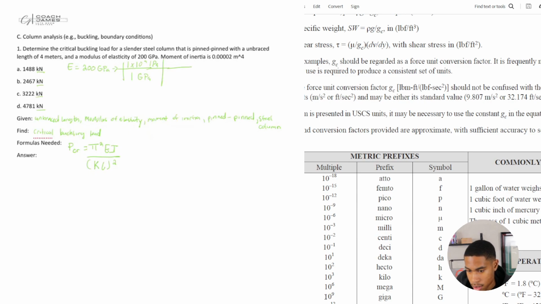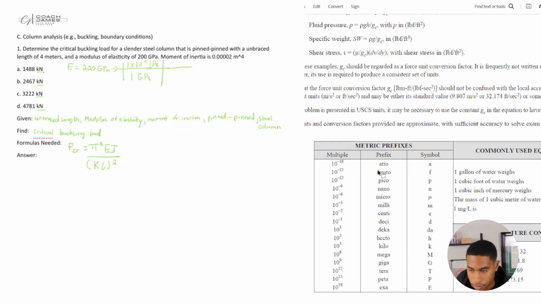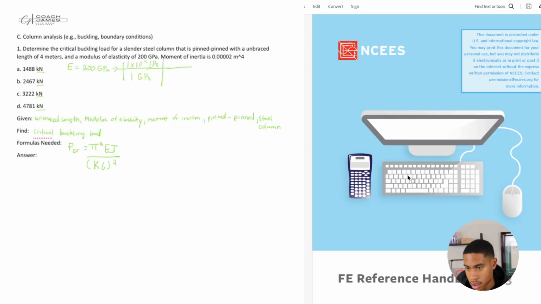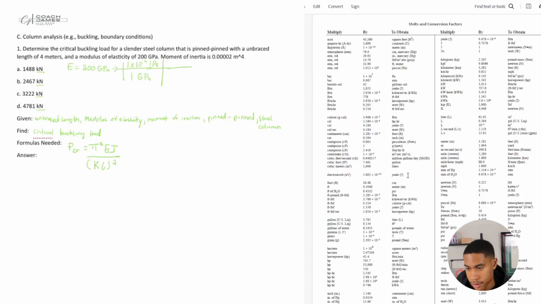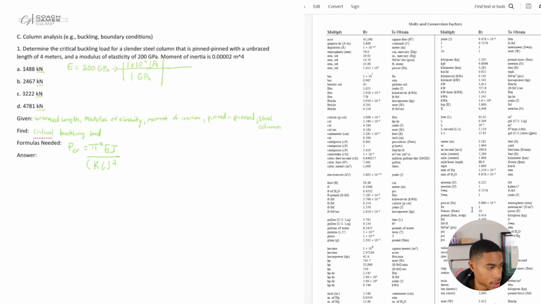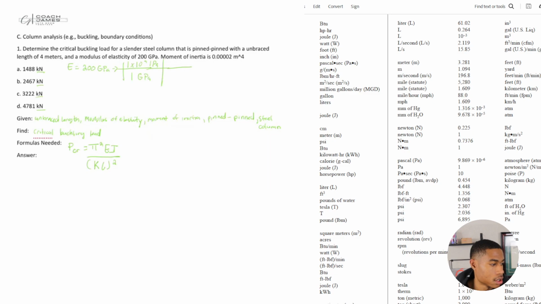Okay, giga down here is G, and it's times 10 to the 9. Its multiple is 10 to the 9th. All right. Now, how many newtons are in a pascal? All right, 1 pascal is equal to 1 newton over meter squared.